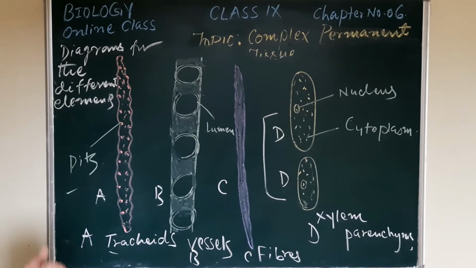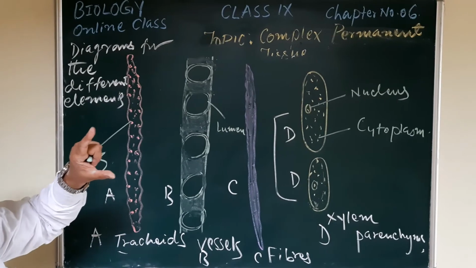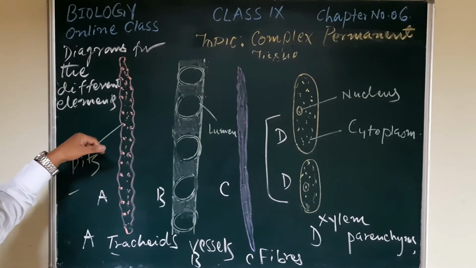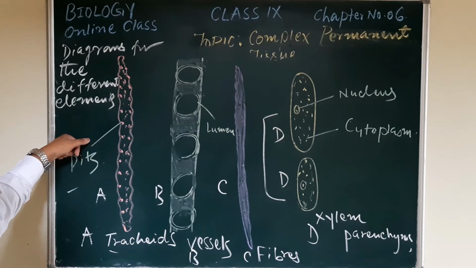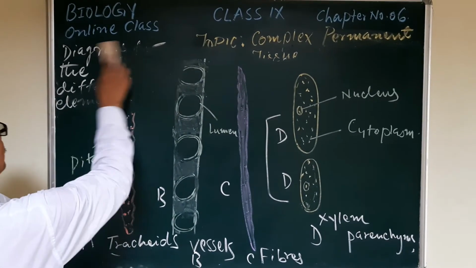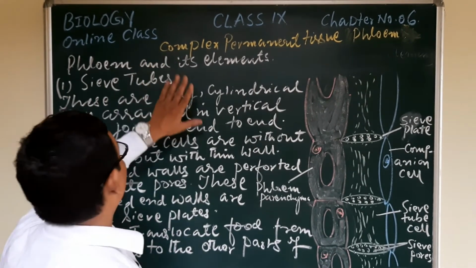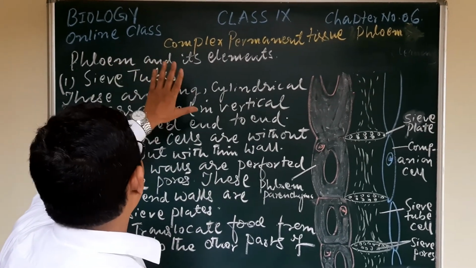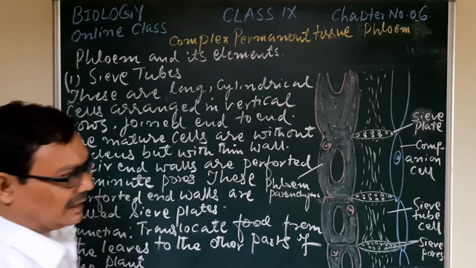Now, the next tissue in this part, the second important complex permanent tissue, is phloem. Now let us learn about the structure of the phloem and its different elements.